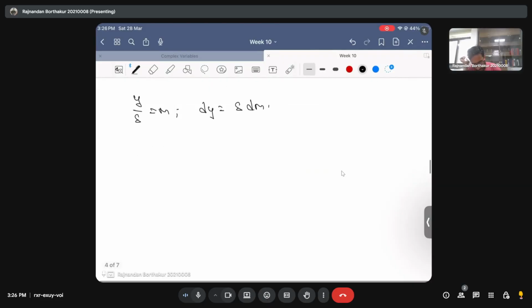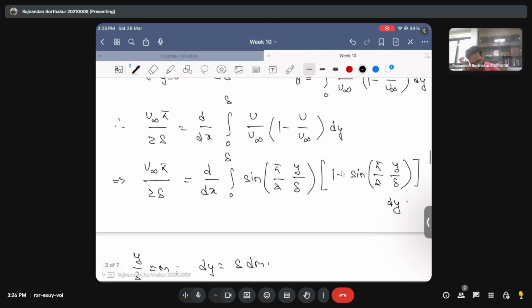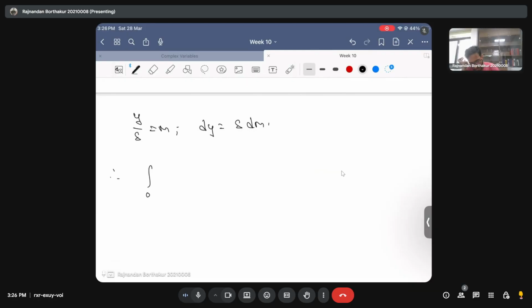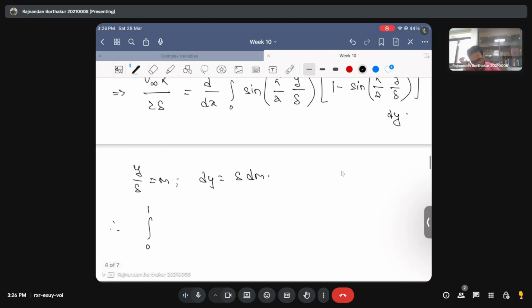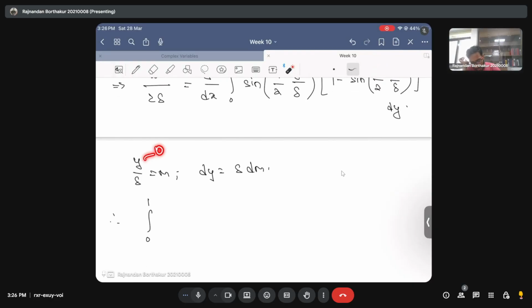Therefore this integration boils down to the integral from 0 to delta. Now this limit will become 0 to 1, because at y equal to 0, m is 0, and at y equal to delta, m is equal to 1, and we're integrating now with respect to m.